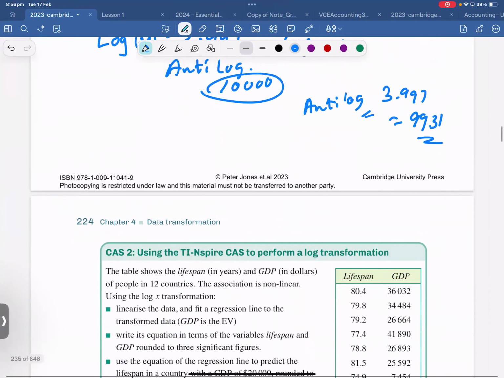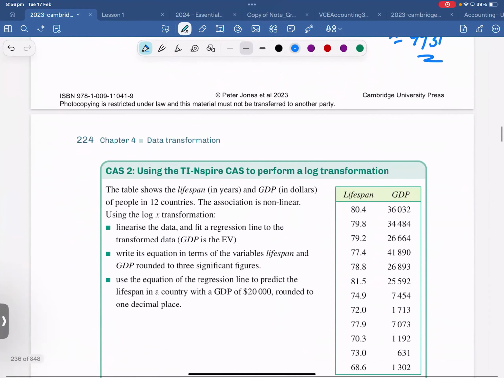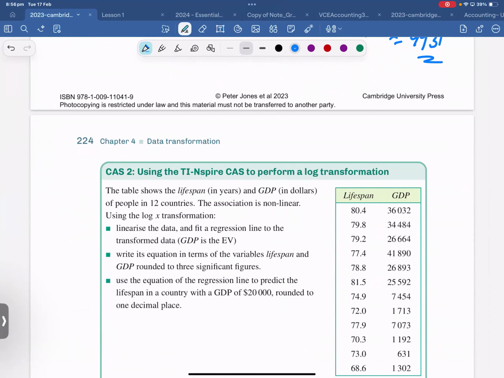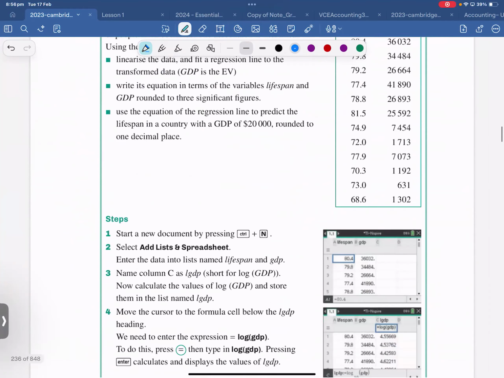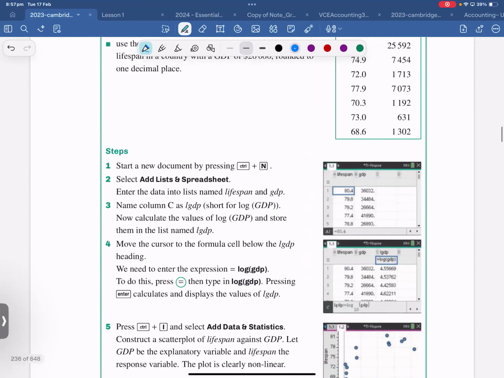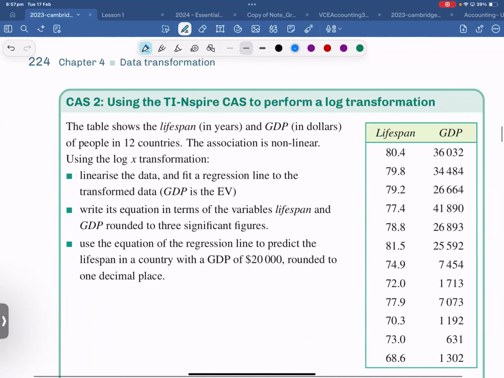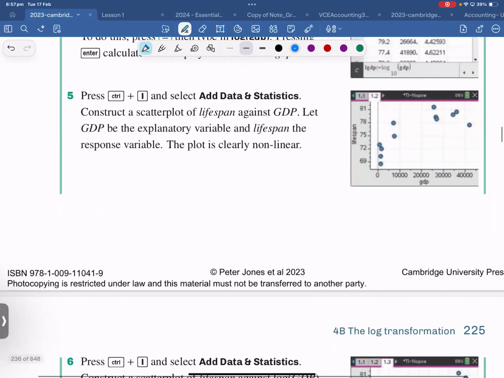Okay, guys, any questions? Any questions with this one? And also, if you have any problem in using the CAS.